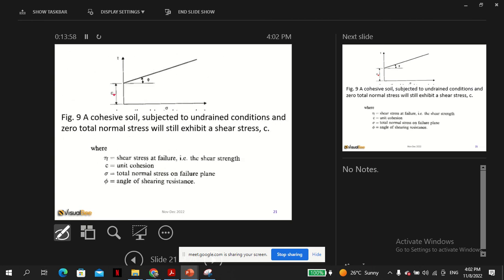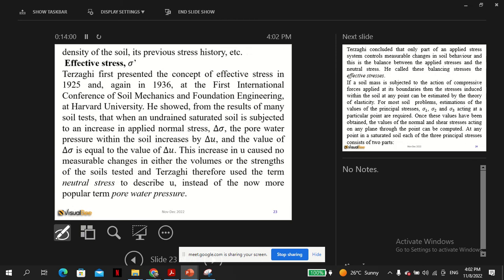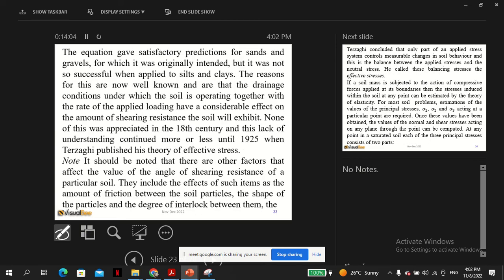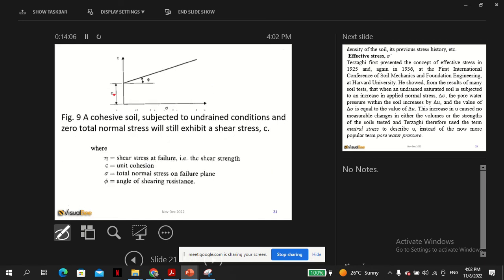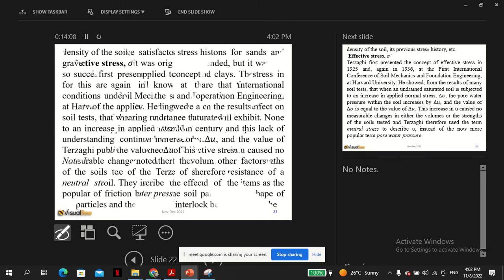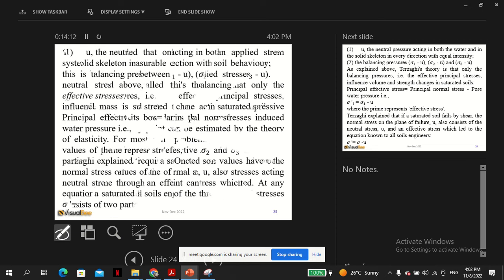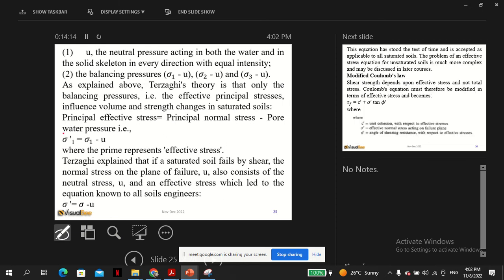These ones are effective stress parameters. The only difference is that we are now subtracting the pore water pressure, which you can read for yourself in the note. The effective stress is the total stress minus the pore water pressure.